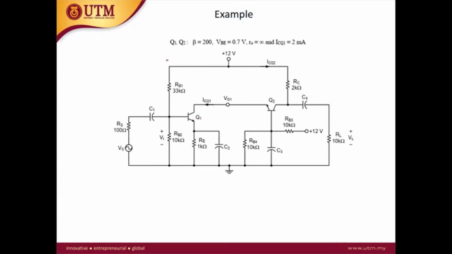In this cascode amplifier, the two transistors have the similar beta value and VBE. It's also given that ICQ1 is 2 milliampere.